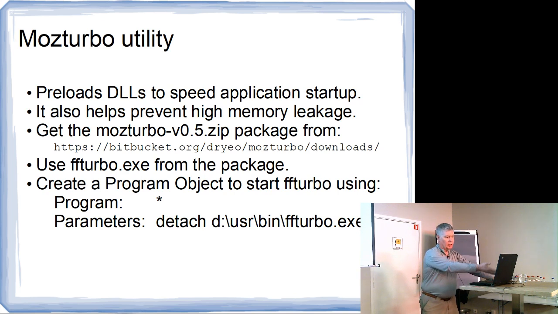And you can see, you want to create a program object. It's better to detach it, that way you don't see it on your program lists and things like that. That in and of itself isn't essential. The -L just means load. And it doesn't load the DLLs entirely.